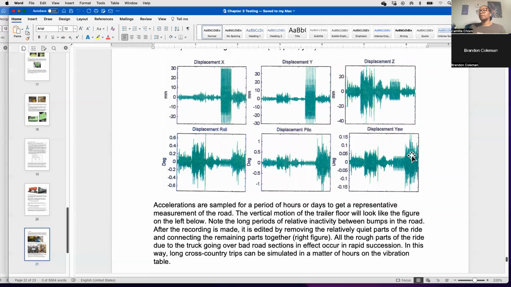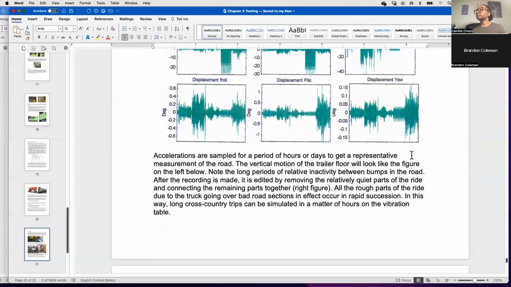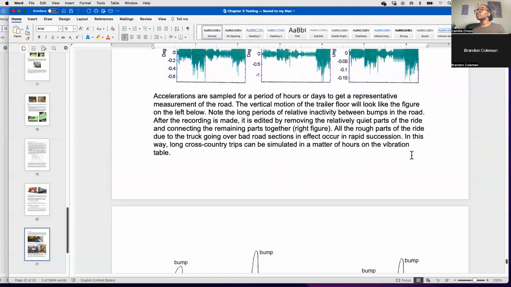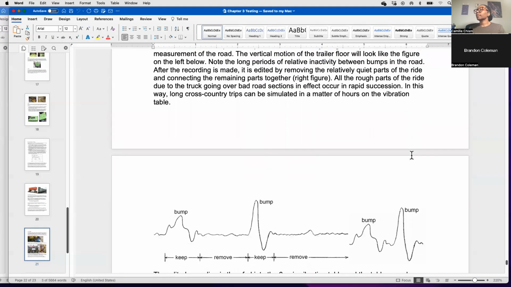So that tells me that that truck moved in multiple directions at the same time during whatever that event was.